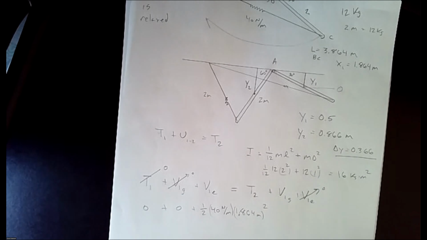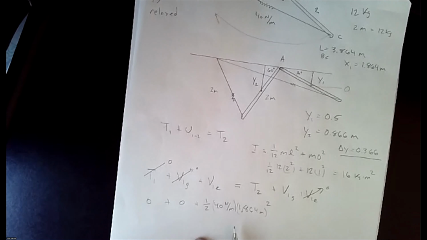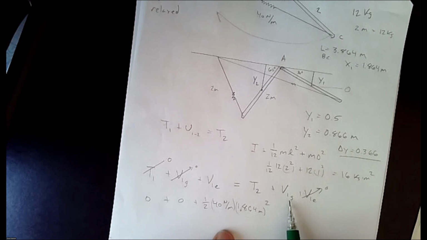Okay. So we're going to then add this. And what we'll end up with is we're going to subtract this off, because it's going to be added to this side. So this will be equal to, now the T2 is going to be 1/2 times 16 times omega squared. Okay. And that's just 1/2 I omega squared, and I is this.